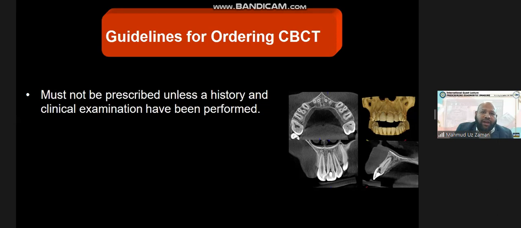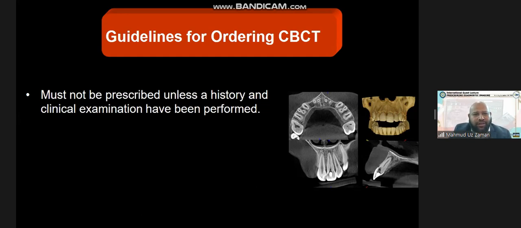In our hospital, even if doctors from other departments order the CBCT, they need to take approval from us, the maxillofacial radiologists. If we think that this particular patient doesn't need CBCT, we will not allow it. We don't want the patient to be exposed unnecessarily.